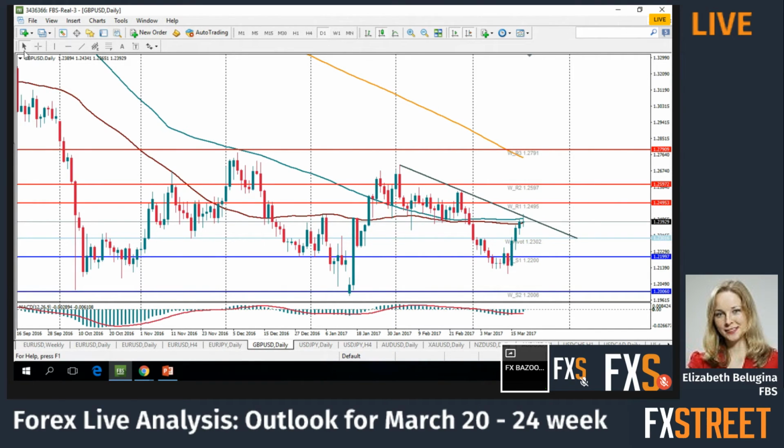This resistance is located just above the 1.24 mark, and as long as GBP is trading below this resistance, then the odds are that we'll see the currency revisit support at the 1.23 level, or probably even at the 1.22 mark.